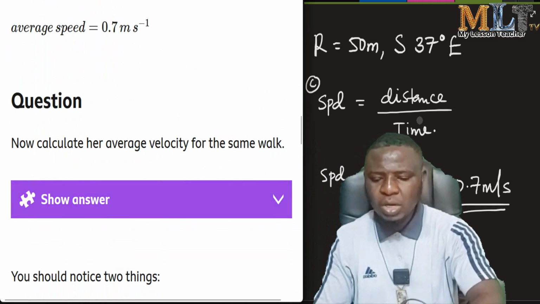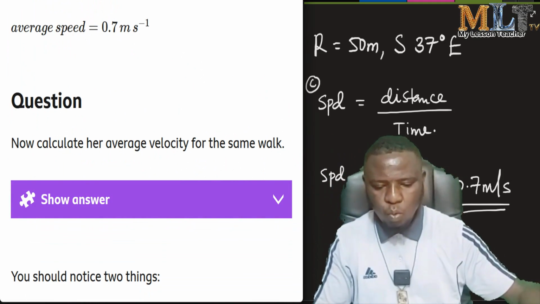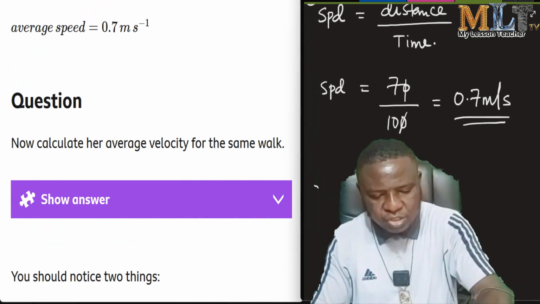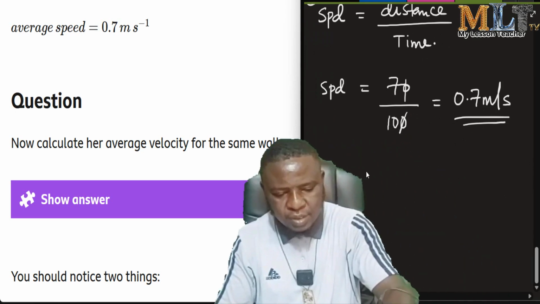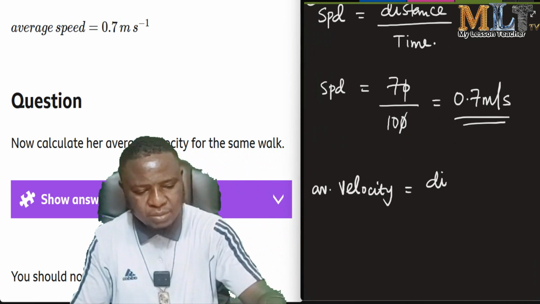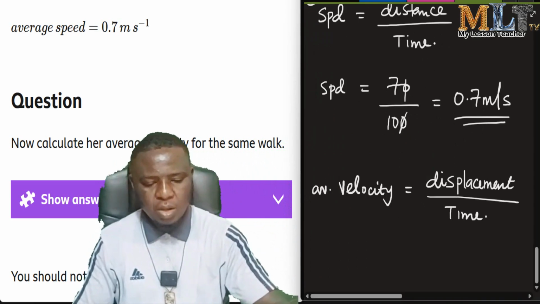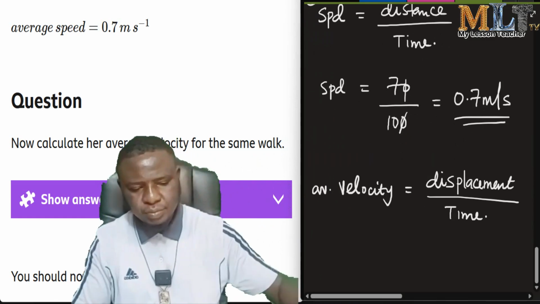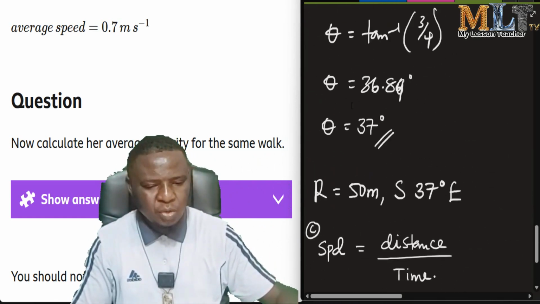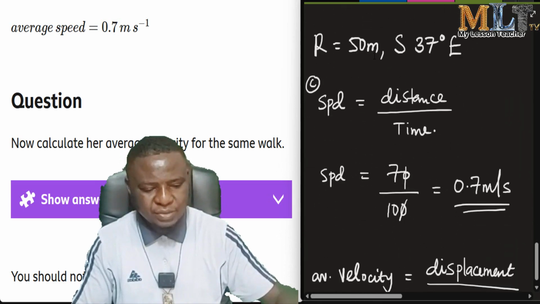The next question says, now calculate her average velocity for the walk. Average velocity has the formula displacement over time. We have gotten the displacement to be 50 meters.